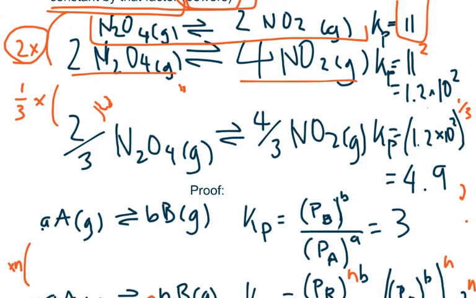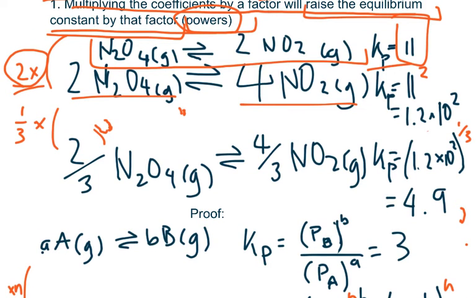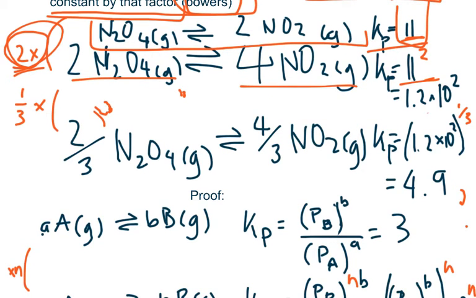Well, if we multiply the coefficients by 2, we have to take our Kp to the second power. So our Kp was 11, so by multiplying the reaction by 2, we have to take the Kp to the second power. So 11 squared turns out to be 121, but we need 2 sig figs, so 1.2 times 10 to the second would be appropriate.